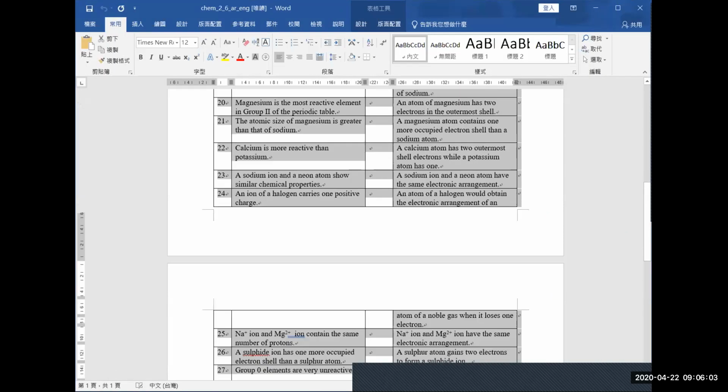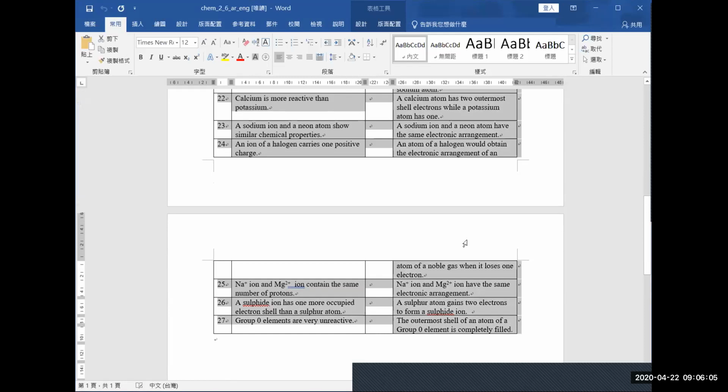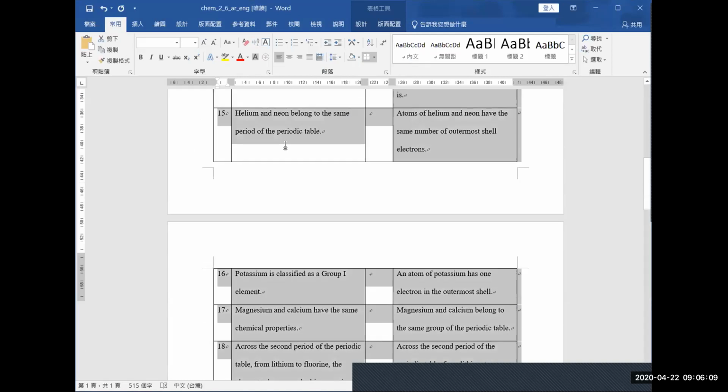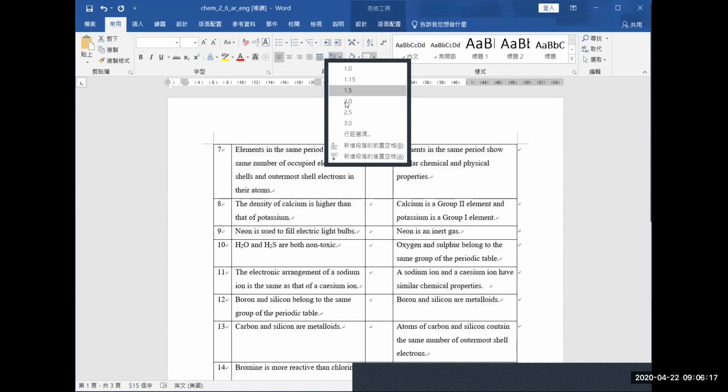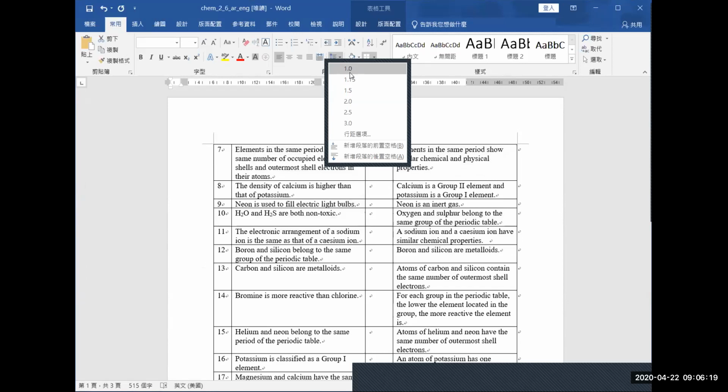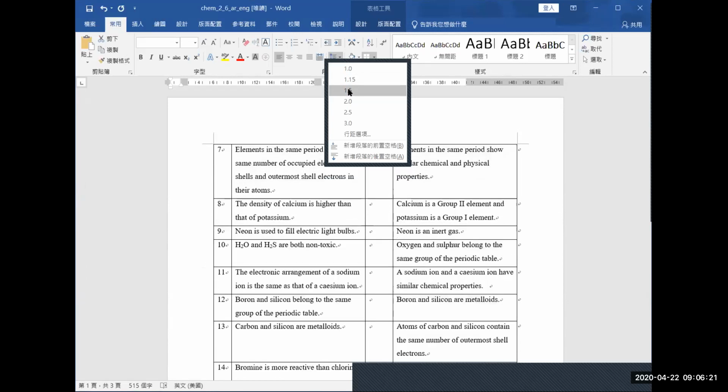I would like to speed up the whole thing. Try to tell me your understanding. Now, I would like to enlarge that, such that I can write something. How about this? Let me see which one is better. This one's better.